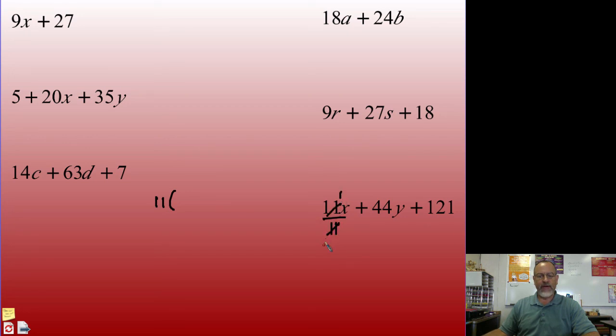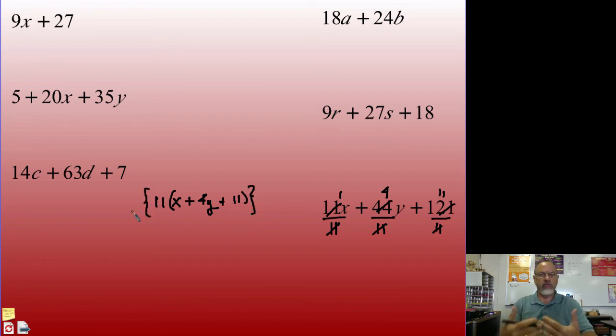So 11 divided by 11 is 1. 1 times x, that's in the identity, that's 1, or x, excuse me. 44 divided by 11 is 4, so that leaves me 4y. And 121 divided by 11 is 11. And so this would be the factored form of this expression.